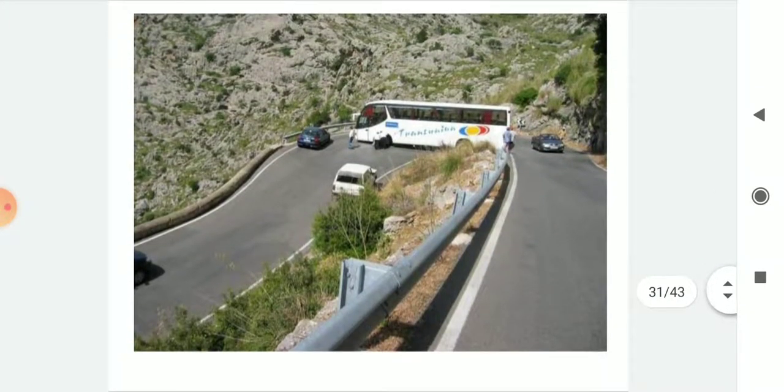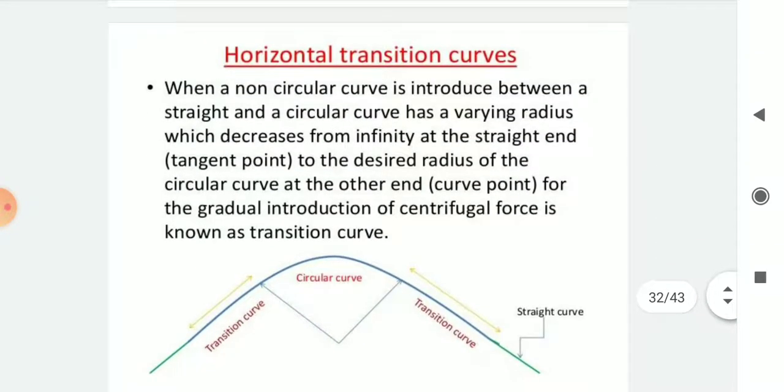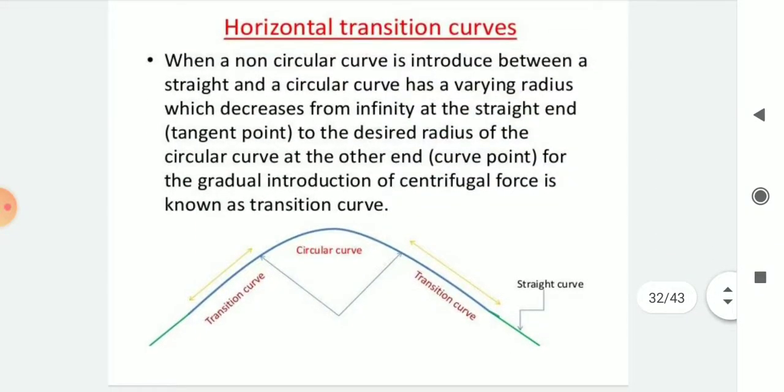This is the figure where we can see the extra widening required, because some problems will occur while turning or while traveling on the curved paths. Horizontal transition curve: you can see in the figure a transition curve, a circular curve, and again a transition curve, and a straight section.